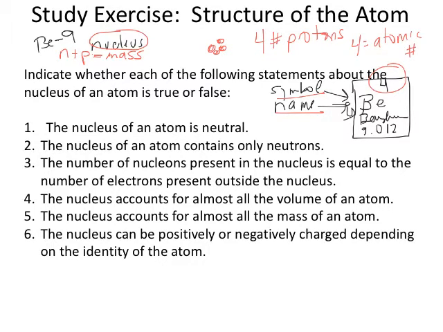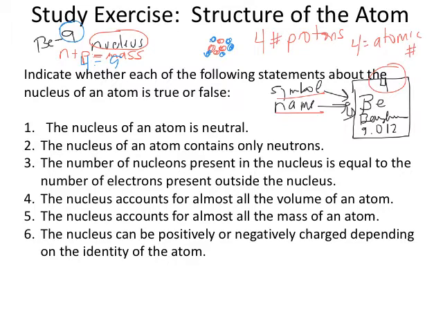So the number of protons for beryllium is always 4, and therefore, if you have 4 protons and your mass is 9, then 9 minus 4 is 5. Beryllium-9 would have 5 neutrons.